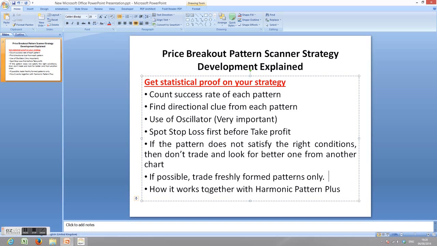And as I consistently mention to people, the price breakout pattern scanner can form a very powerful trading system when it's combined with Harmonic Pattern Plus.